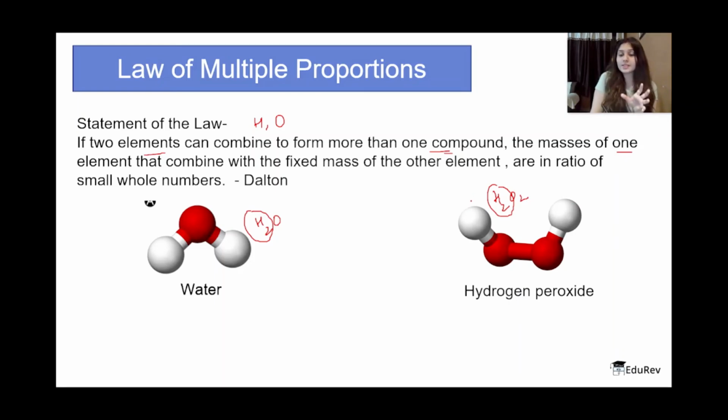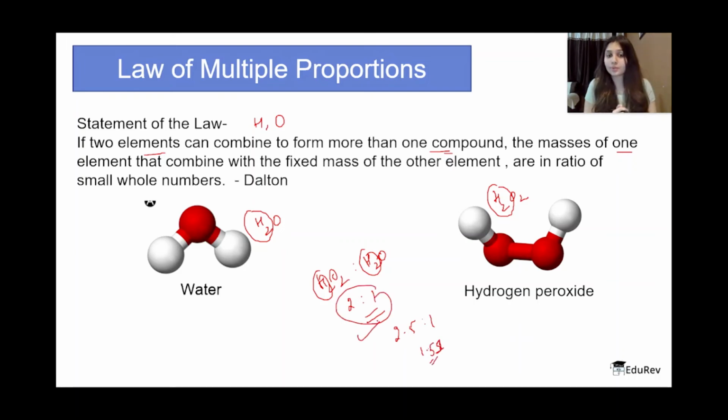Here the fixed mass is hydrogen, and the other is oxygen. If I compare H2O2 versus H2O, the fixed mass is of course hydrogen, and the ratio of oxygen atoms is 2:1. This law is basically saying it cannot be 2.5:1, it cannot be 1.5:1. It will always be 2:1 no matter what.